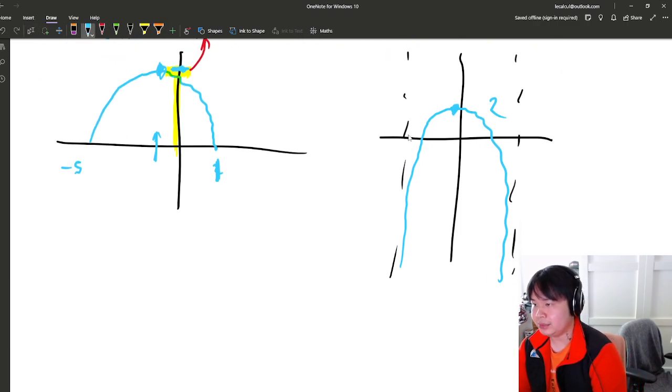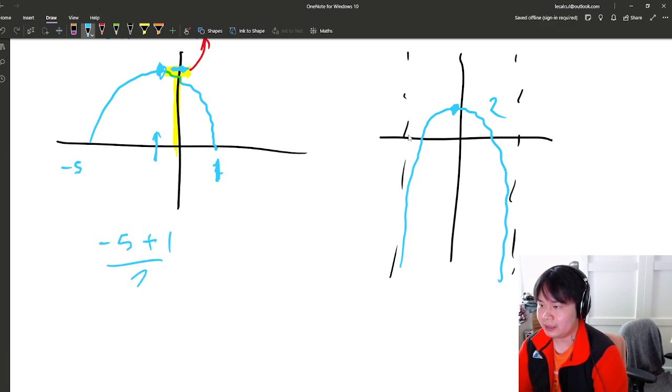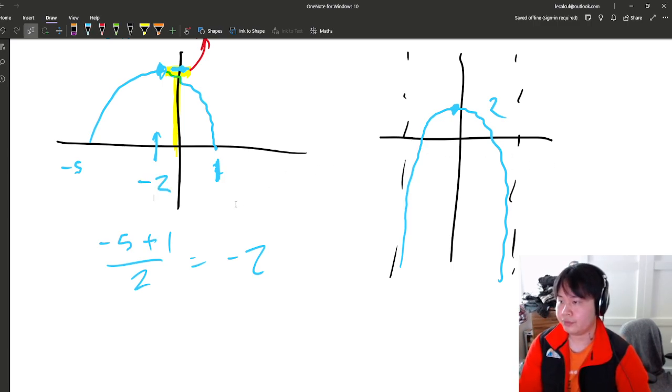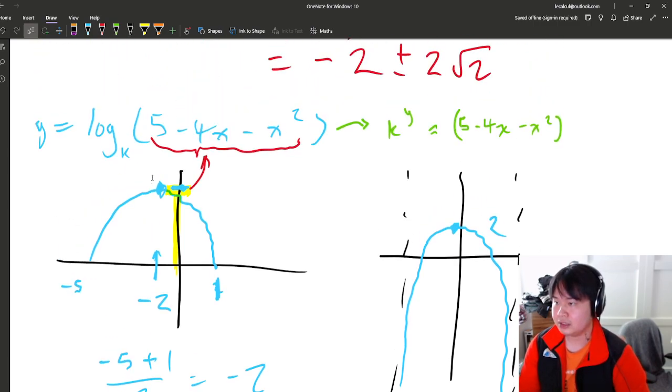So this number is what? -5 plus 1 divided by 2, -2. So when x is -2, we have a maximum value for our parabola.